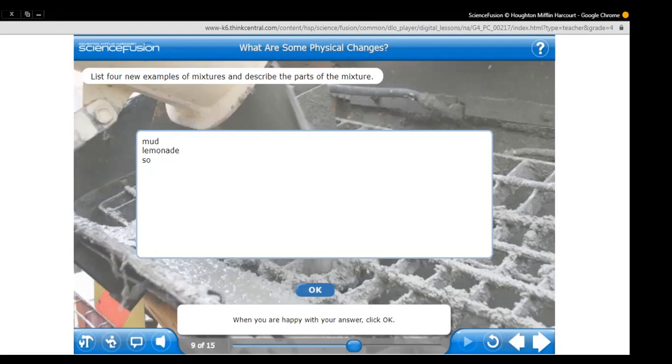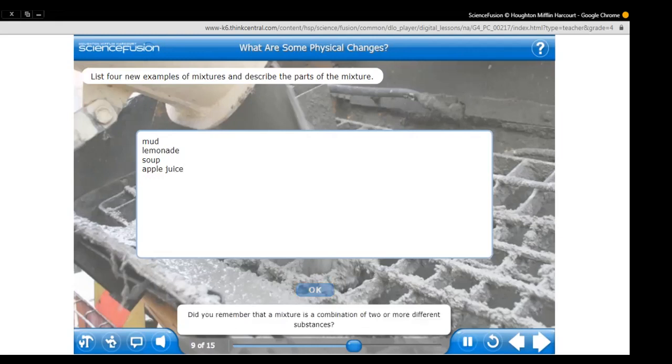Apple juice. Why did you say apple juice is a mixture? Apple, water, sugar. Apple juice? Are you sure? Yes.